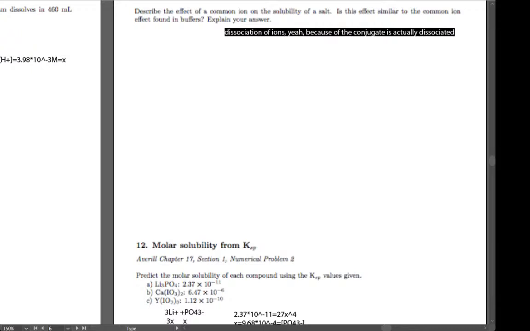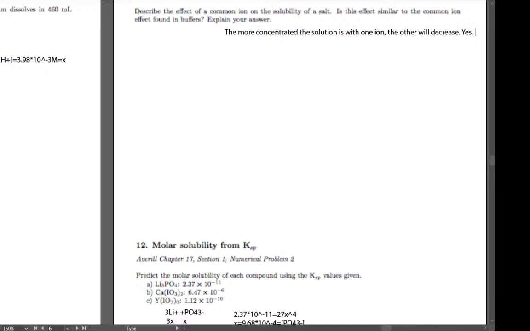That is basically its principle. So the more concentrated the solution is with one ion, the other will decrease. And is it similar? The answer is yes, and then explain your answer.